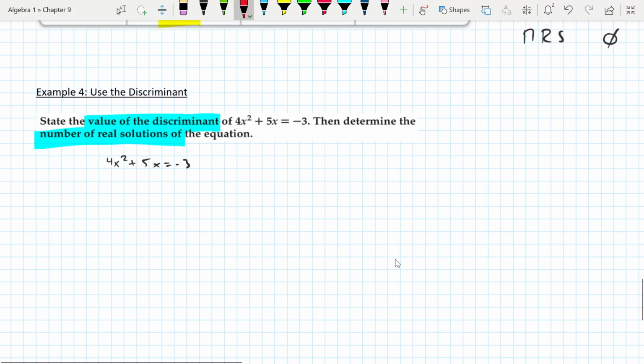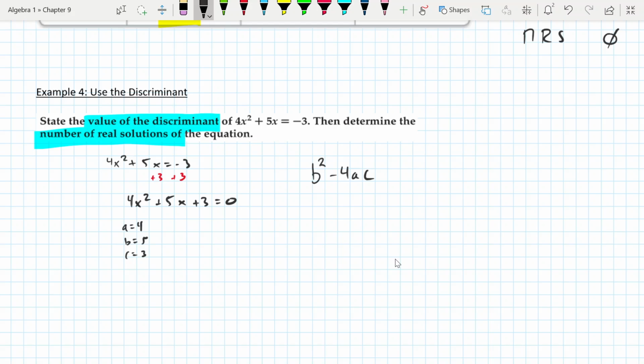Of course, it's not equal to 0, so I need to add 3 to both sides. And I get 4x squared plus 5x plus 3 equals 0. And I want to plug it into the discriminant, b squared minus 4ac. Well, we know a is 4, b is 5, and c is 3.